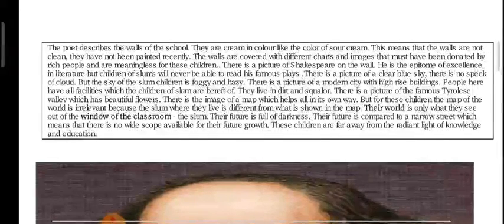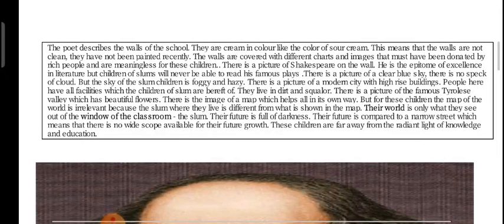He is the epitome of excellence in literature, but children of slums will never be able to read his famous plays. There is a picture of a clear blue sky.